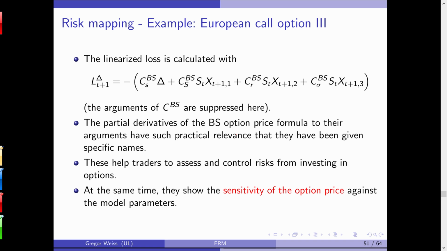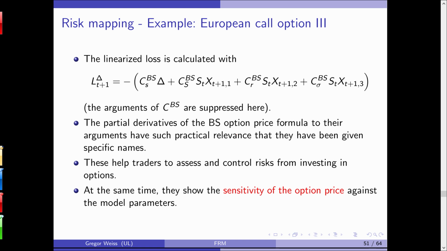Now next, we consider a linearized loss. That is, we are looking at minus partial derivative of c with respect to time t, with respect to stock price, with respect to the interest rate, and with respect to the volatility sigma. And those are known as the Greeks.